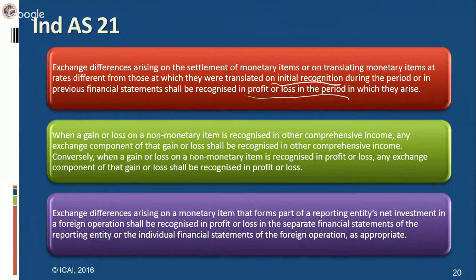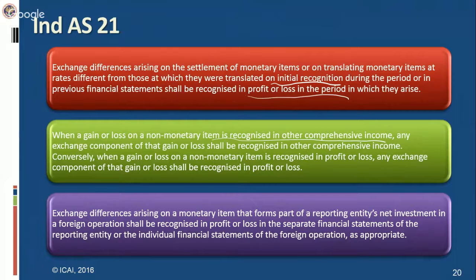When a gain or loss on a non-monetary item is recognized in other comprehensive income, any exchange component of that gain or loss shall be recognized in OCI only, and conversely, when a gain or loss on a non-monetary item is recognized in profit and loss, any exchange component of that amount shall be recognized in profit or loss only.